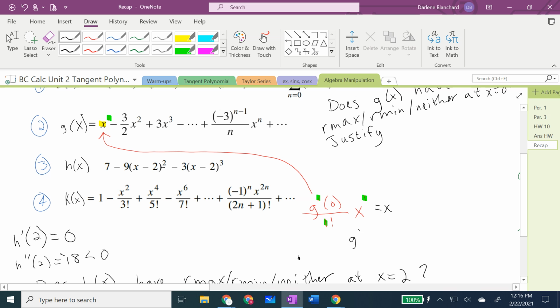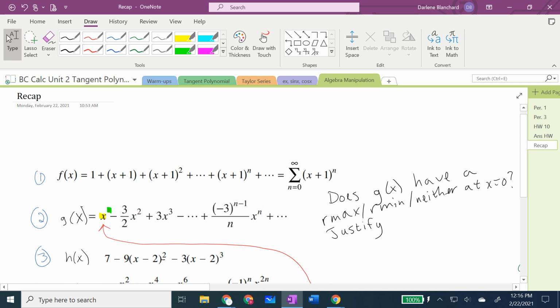That means the derivative of g at 0 must be equal to the number 1 in order for those two to equal each other. If the derivative at a number is not 0, and it is actually defined, then it is not a critical number, and it is neither.